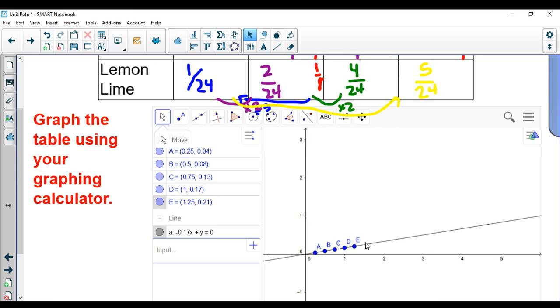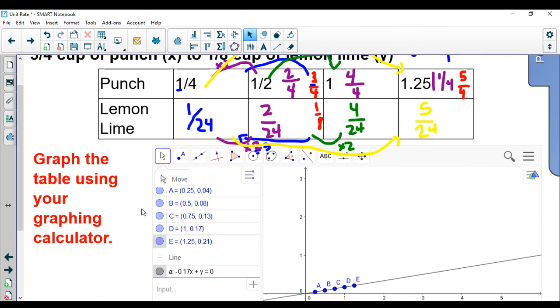Our line is completely straight. It doesn't curve and come back around. It is a straight line. The other thing I want you to notice is that it goes through our origin. Origin, if you remember from previous math classes, is the point 0, 0. It is where your y-axis and your x-axis meet.